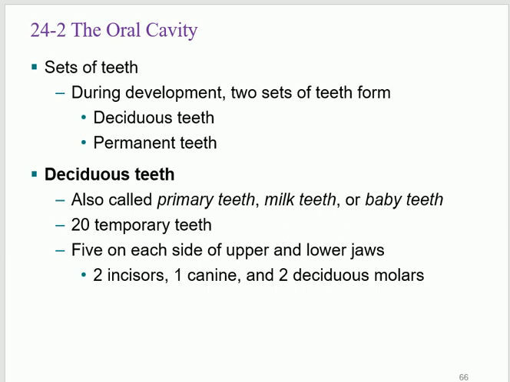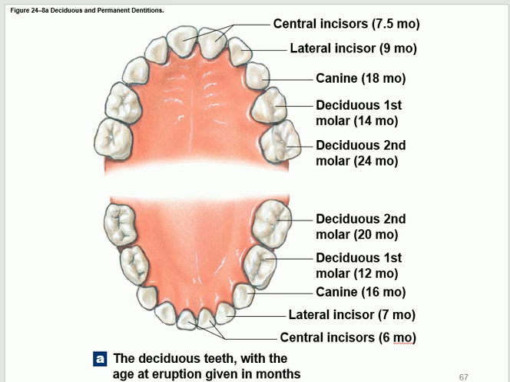You don't have two premolars. You don't have two premolars and two or three molars. No, you just have two deciduous molars. That's it. Instead of four or five, they only have two. This is the only difference. So the difference is molars. Here it is. Starting from here, central incisor, lateral incisor, canine, and the two teeth. So when you see that, it's a baby.